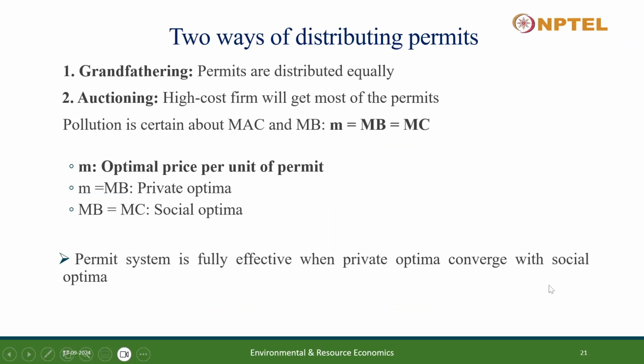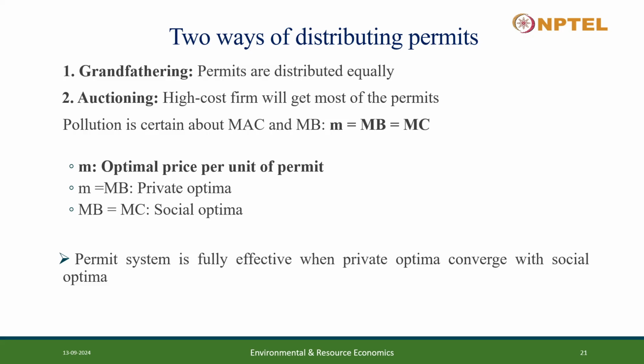Okay. Now we will move towards the ways of distributing permits, either through grandfathering, that is, permit is distributed equally to all the firms, or it is done through auctioning. So the high marginal abatement cost firm will need more permits because they will prefer to buy permits rather than abating, right?